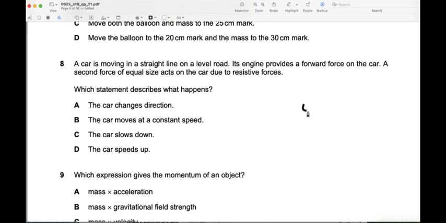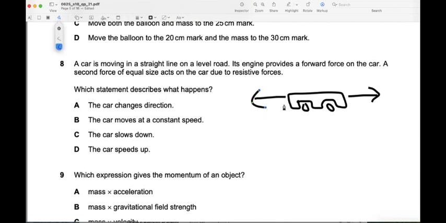So if this is our car, pardon us for whatever we've drawn, if the force from the engine, the thrust, is being balanced by a resistive force, what will happen?